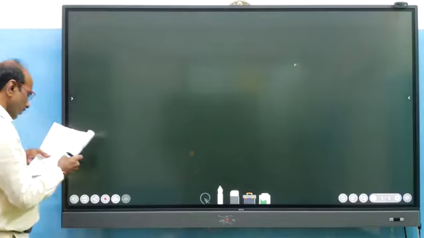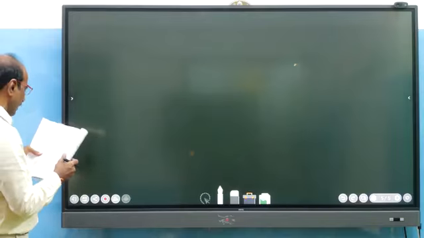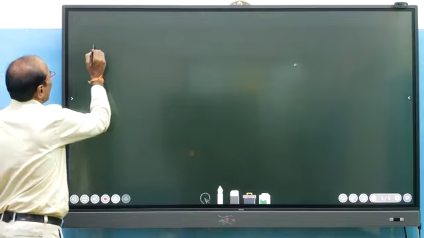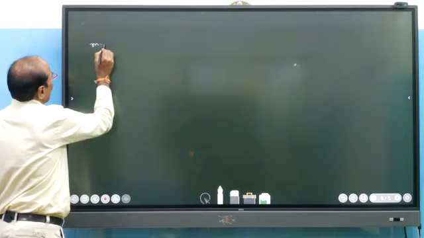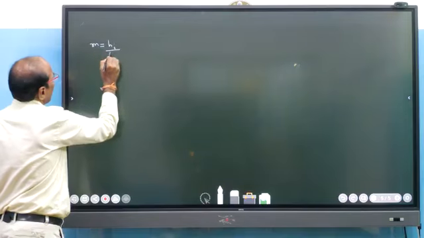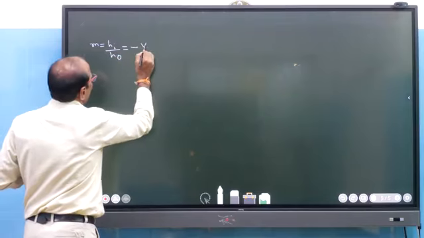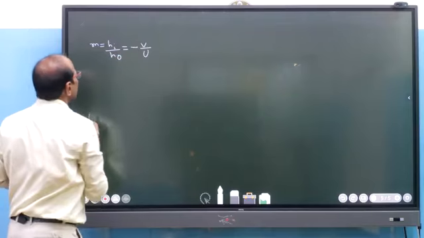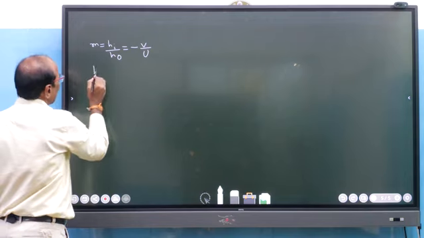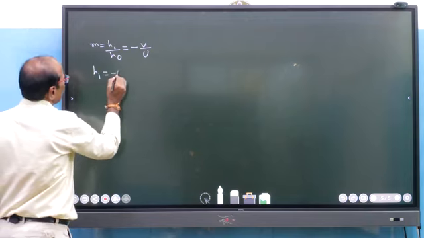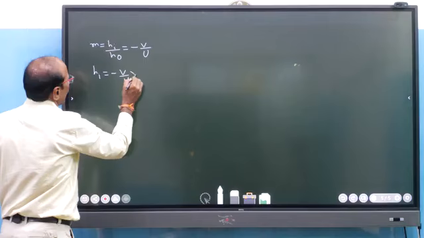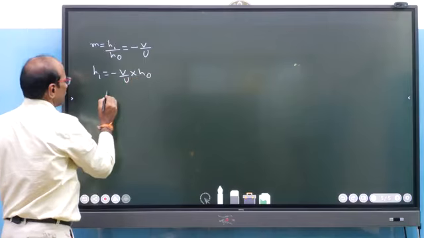Next, you have to find the nature and the size of the image. To find the size of the image, we use the magnification: height of the image by height of the object equals minus v by u. So the height of the image equals minus v by u into height of the object.